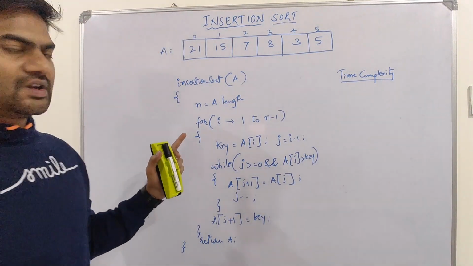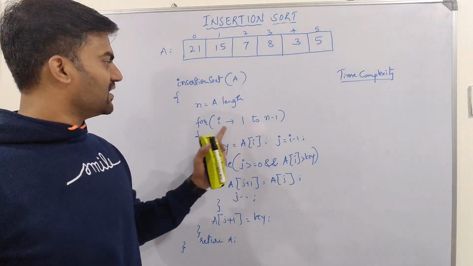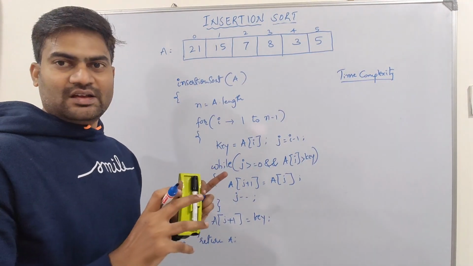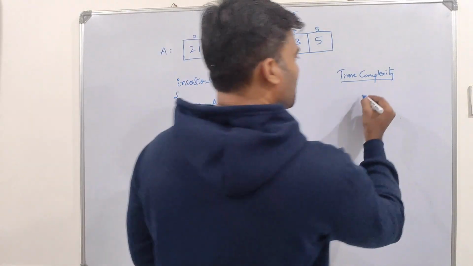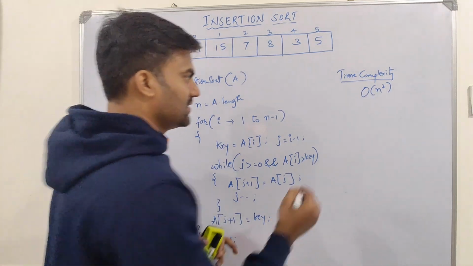Now if you look into this pseudocode, on a naked eye, what we see is a for loop, then we see a while loop. So basically there are two loops, and they are nested, so we can say it is of order n square. Let us see that.